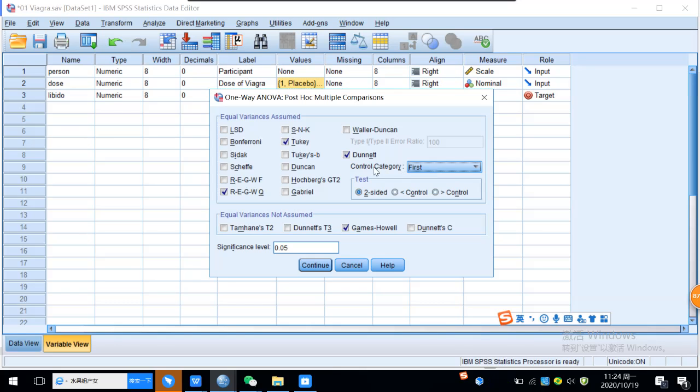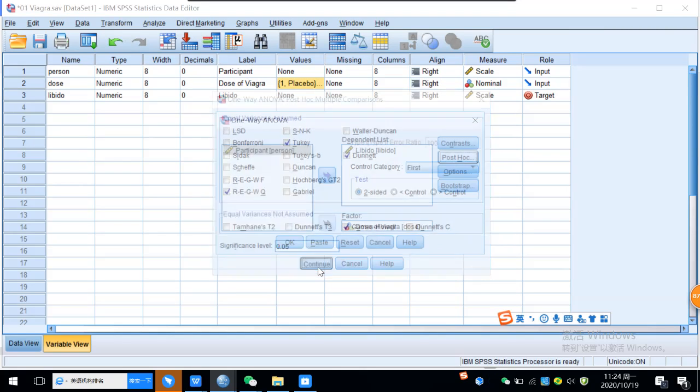So we will choose the control category first. So the low dose of Viagra will be compared with the placebo. Also, the high dose of Viagra will be compared with placebo. So in this case we will choose the first, not the last. Because whether you choose first or last depends on your test, what you want to know. Then here, continue.